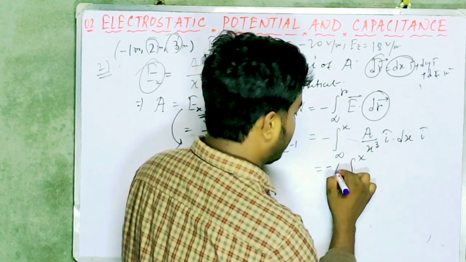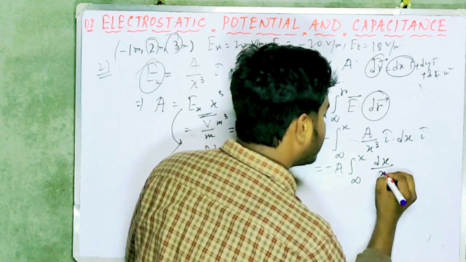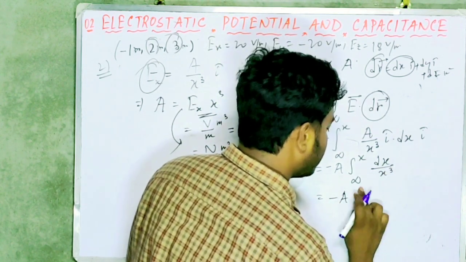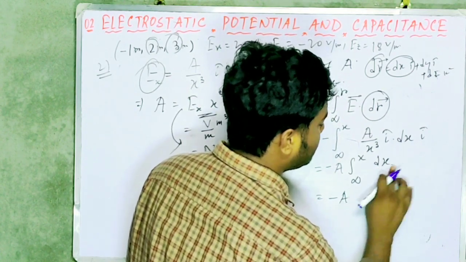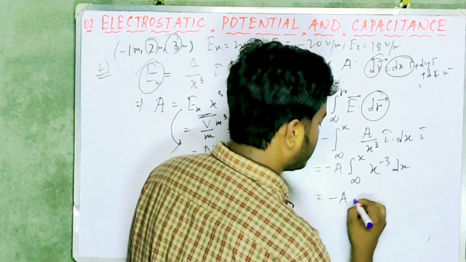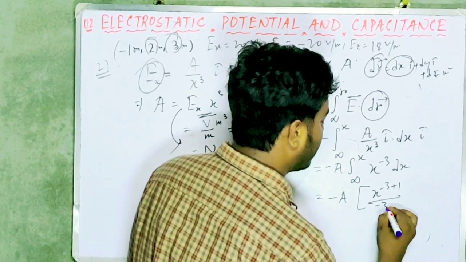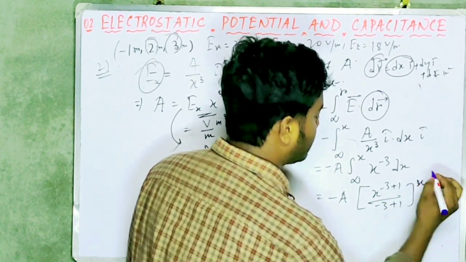That is minus integral from infinity to x, i dot i is 1, a constant value, that is minus A outside, dx by x cube. That is minus A, integrate it. When x cube goes to the upper side, it will be x to the power minus 3 into dx, and the formula is x to the power minus 3 plus 1 divided by minus 3 plus 1, with limits infinity to x.